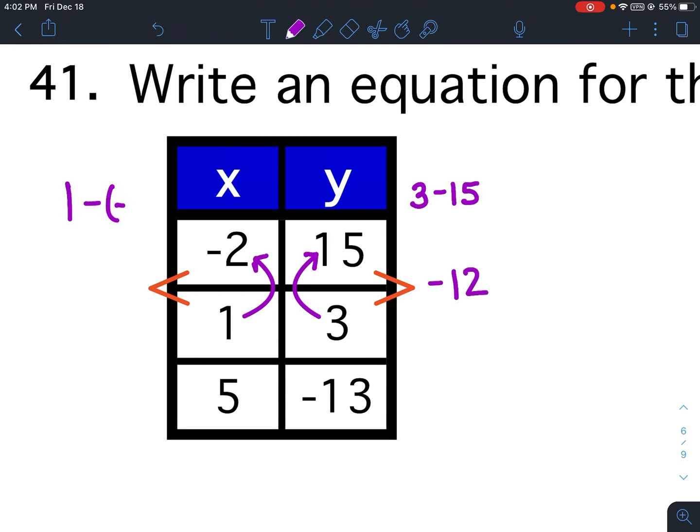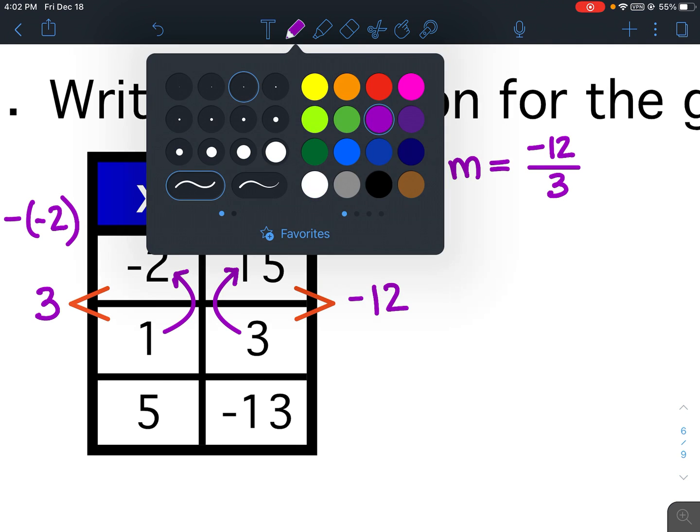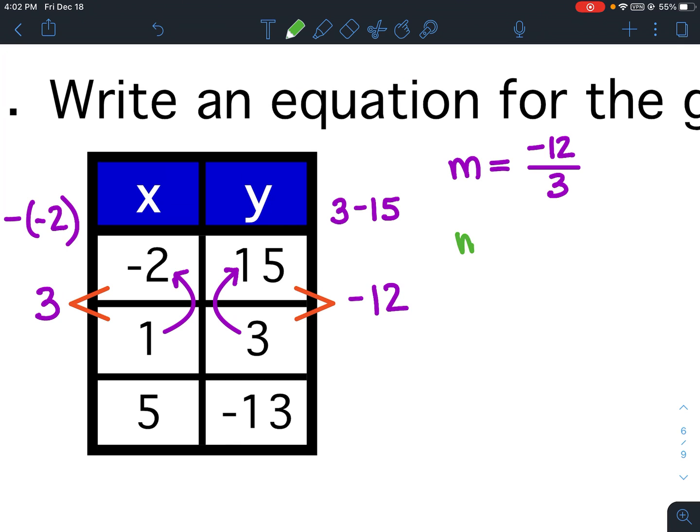That would become 1 plus 2, which is 3. So my slope, the difference in y values over the difference in x values. Negative 12 divided by 3 is negative 4.